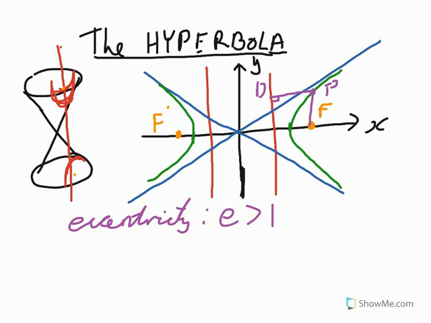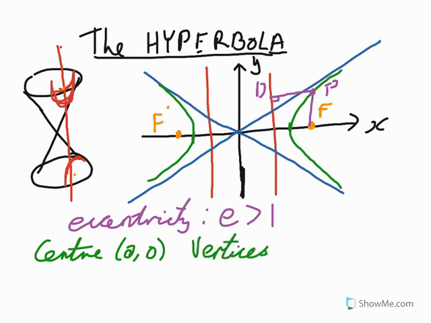Alright, what else do we need to know? Okay, our centre, we've already mentioned that. Our vertices. So for this one, our centre is 0, 0. And our vertices are at plus or minus a, 0.